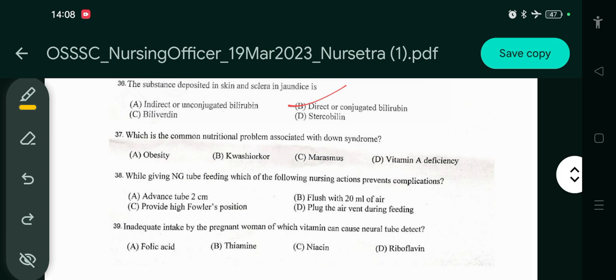The answer is option A, obesity, because in Down syndrome the metabolic system is not working properly and there is less muscle tone, so obesity is the most common problem. Kwashiorkor is a protein deficiency, marasmus is a calorie deficiency, and vitamin A deficiency leads to blindness, so the other options will be eliminated.